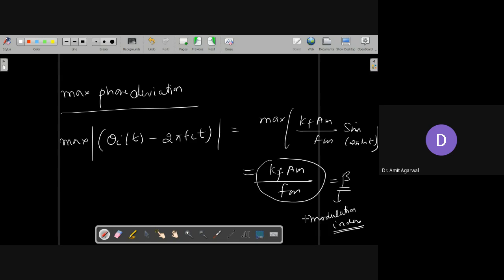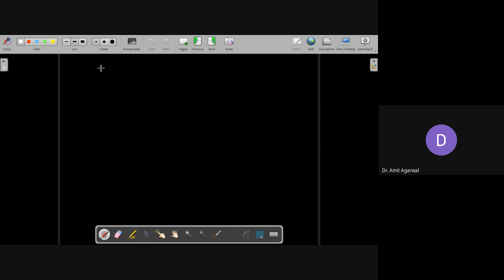These are the few important points which you should remember. We can ask questions in your quiz, so just be prepared. So what we have discussed? What is the structure of an FM signal, frequency modulated signal? 2 pi kf integral.